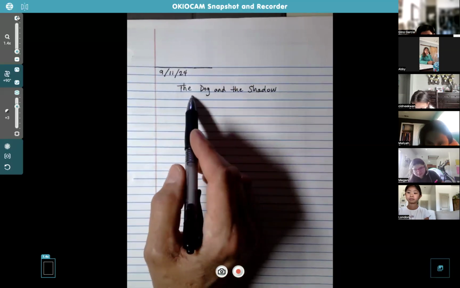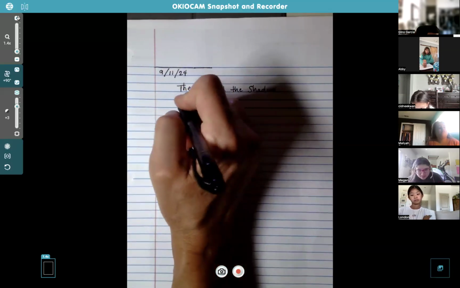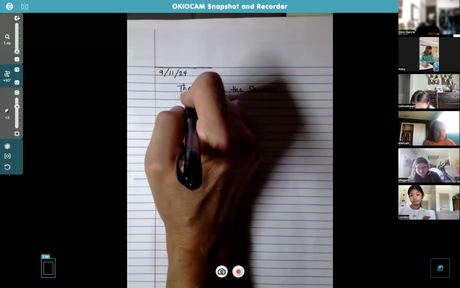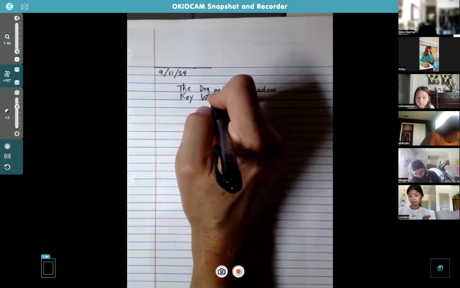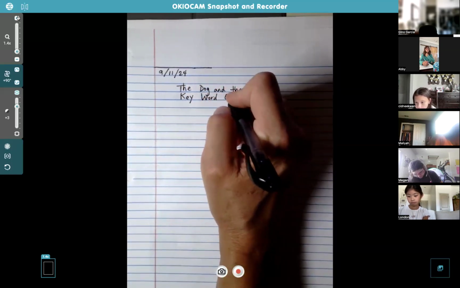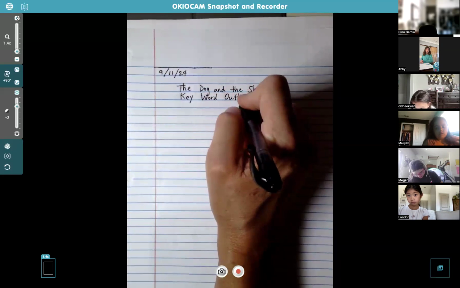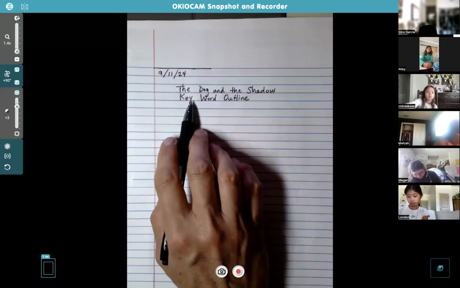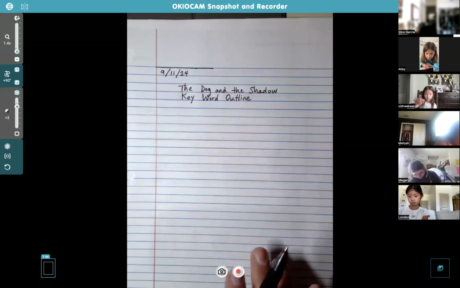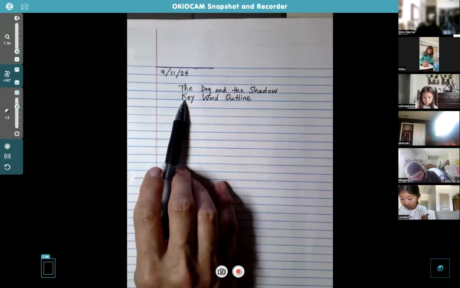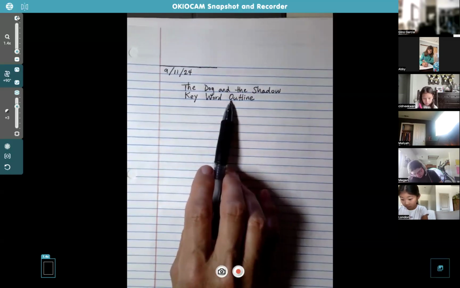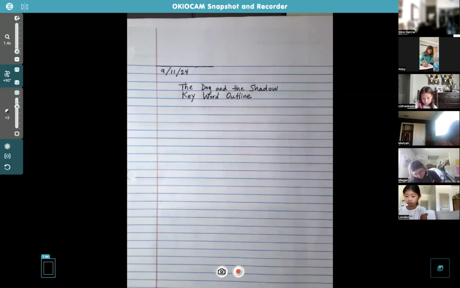Right underneath that, I want you to put a capital K and put key, and then a capital W for word, and then a capital O for outline. I want you to put key, word, outline right underneath the dog and the shadow. Key, word, outline. And the K is capital, the W is capital, and the O is capital.